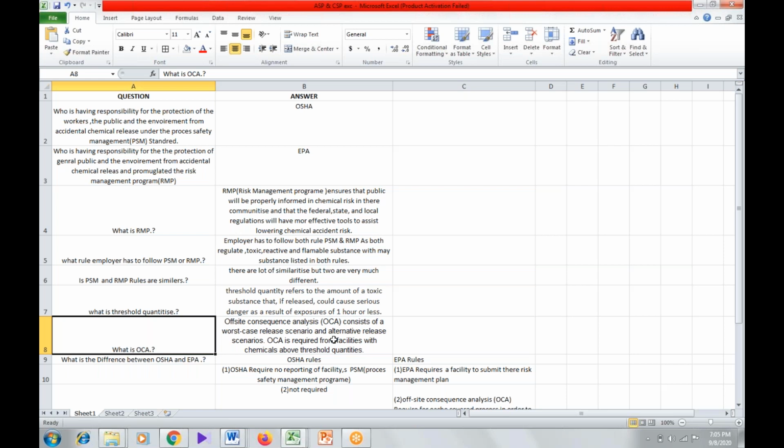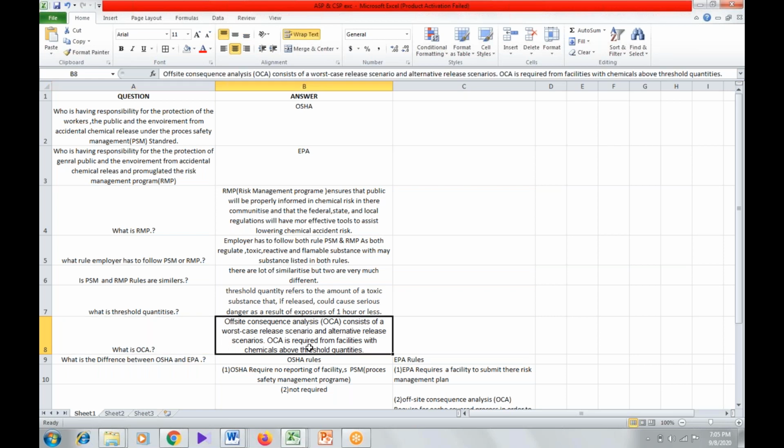What I understand from these points, which I got from Google, is that any organization keeping chemicals at threshold quantities has to understand what can happen to them in the worst case, and be prepared for alternatives. If anybody can add from their side, or put some more explanation, it will be good.